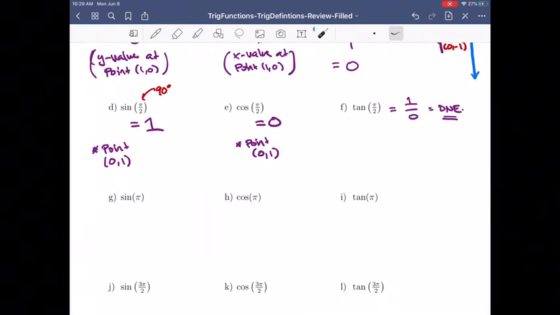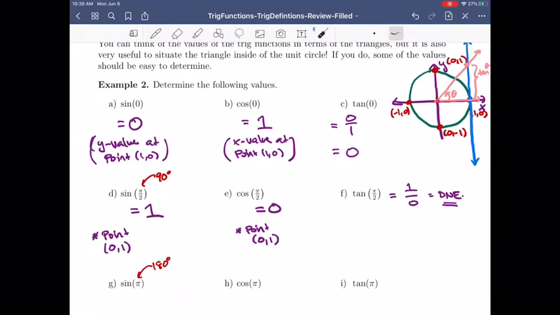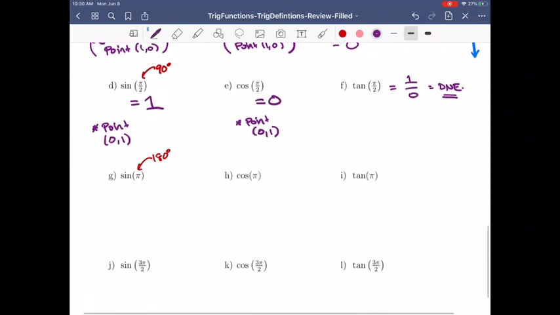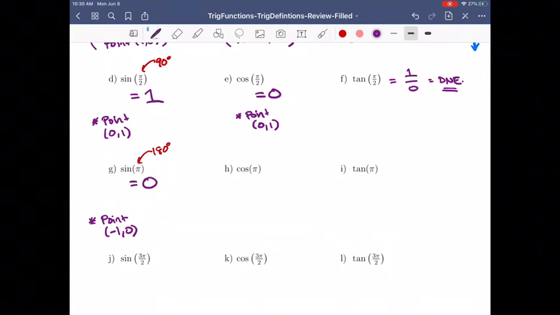Pi is 180 degrees. So sine of pi, on this diagram, this is my initial side, this is my terminal side. Now I'm using this point here, (-1, 0), and sine is the y value, so it's 0.